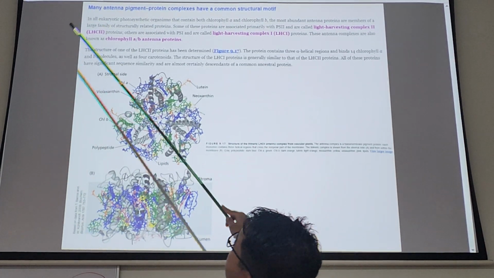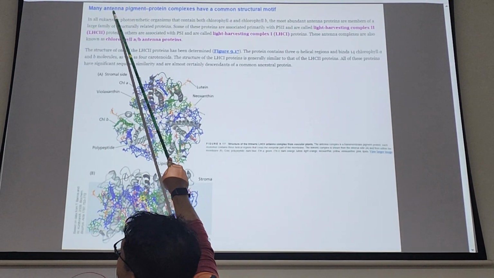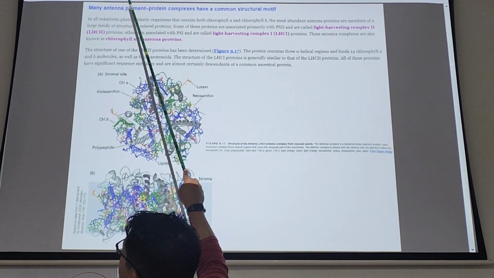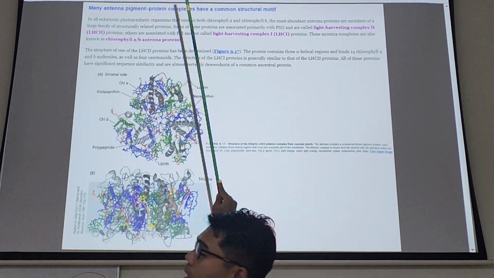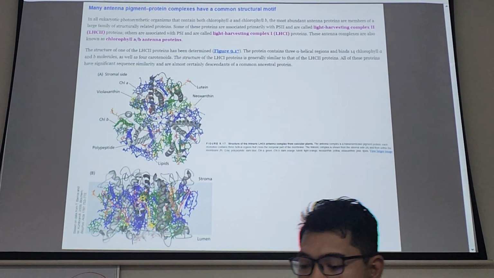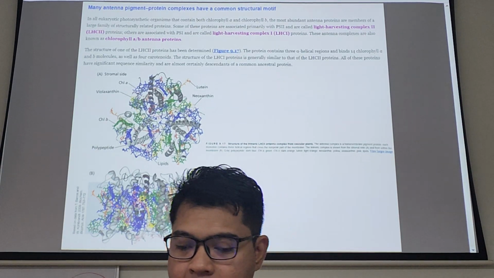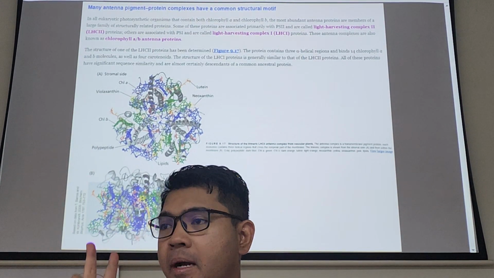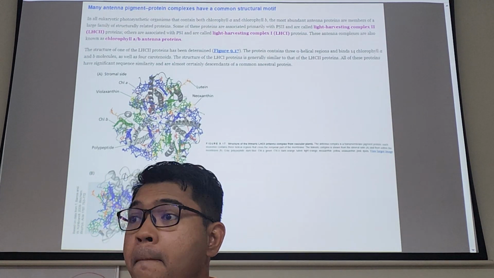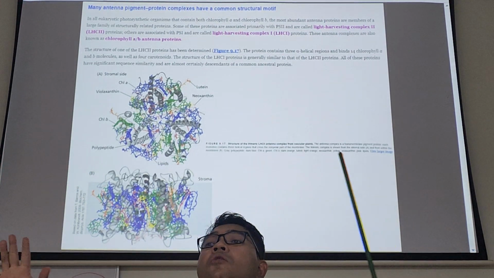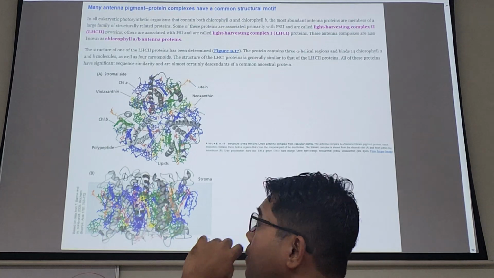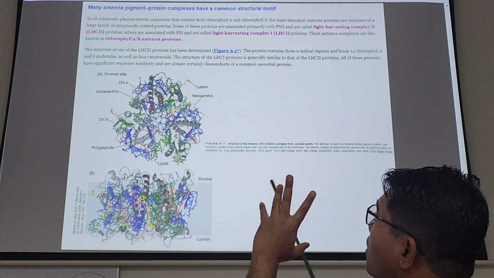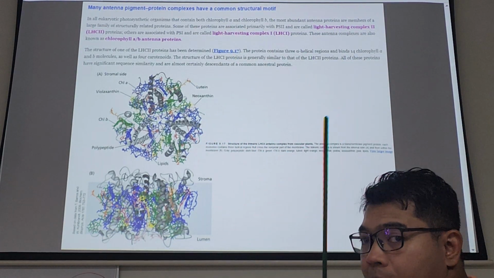The antenna consists of two things: pigment plus protein complexes. In each island that we talked about just now, two things are present, pigments plus protein, and they fuse together to form these antenna complexes.